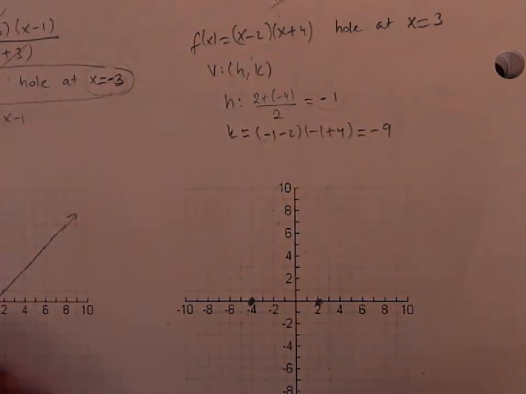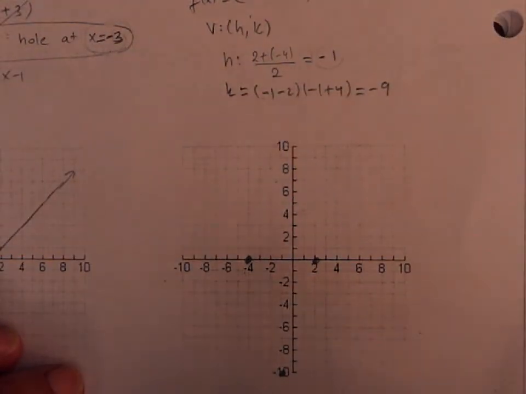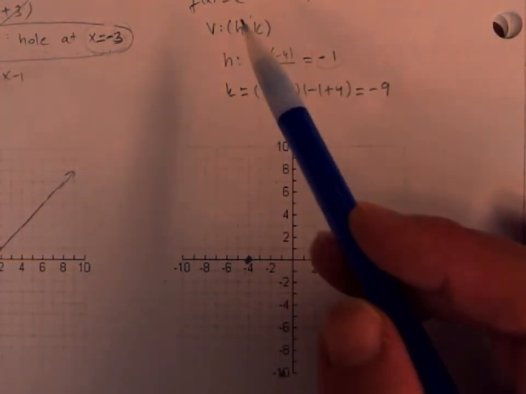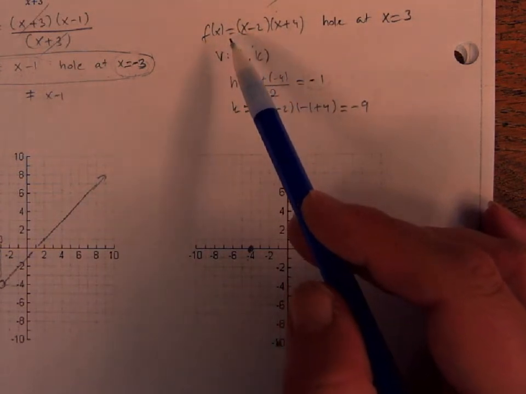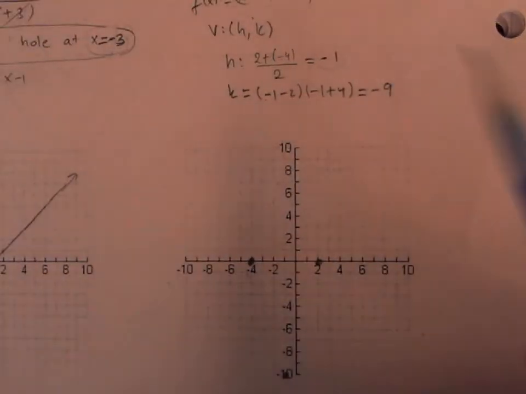Okay. Then step pattern. So you see that the a value is 1 here. The step pattern is 1, 3, 5. Okay.